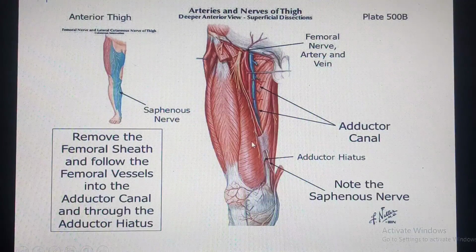This is the vastus medialis, so the nerve that is supplying it, and this is the saphenous nerve. So if we do an adductor canal block, we will anesthetize these two nerves.